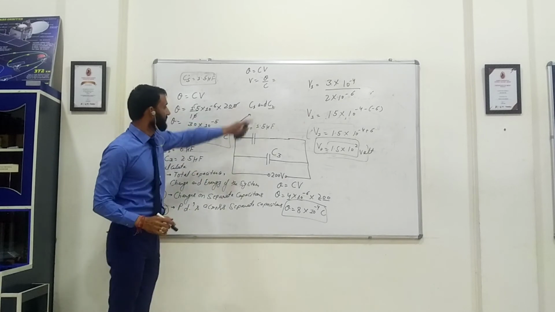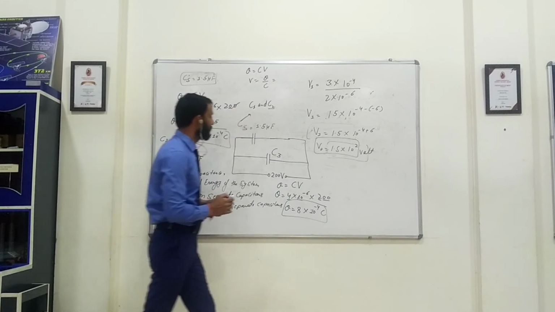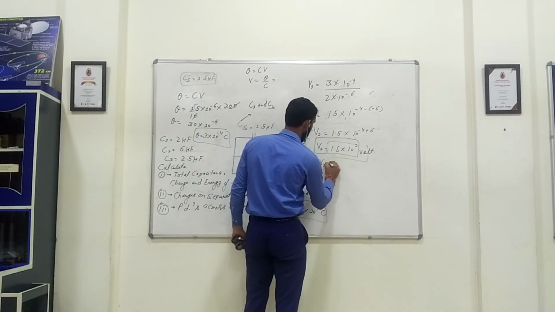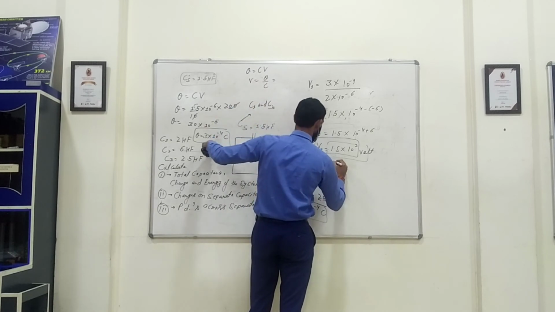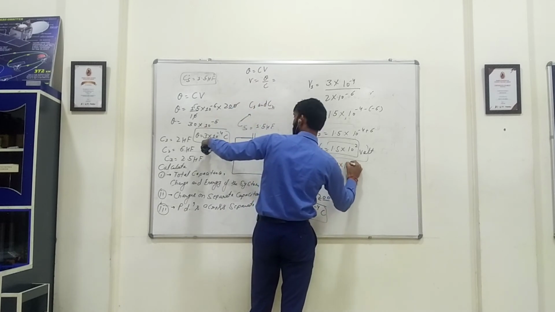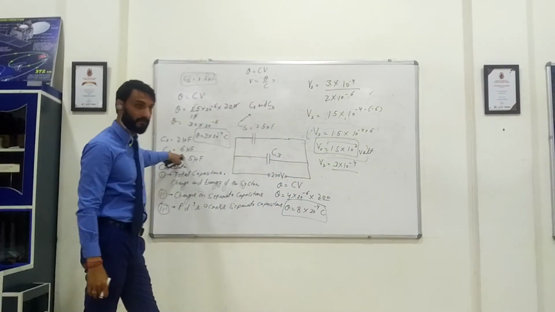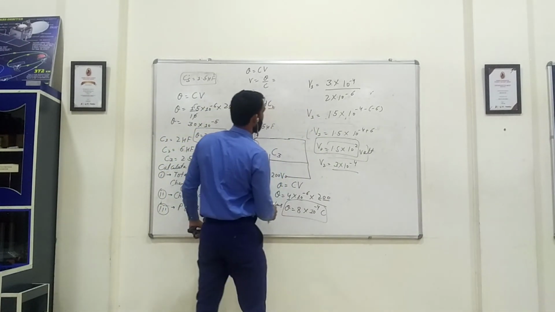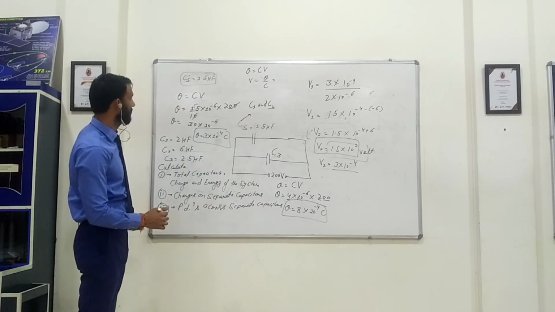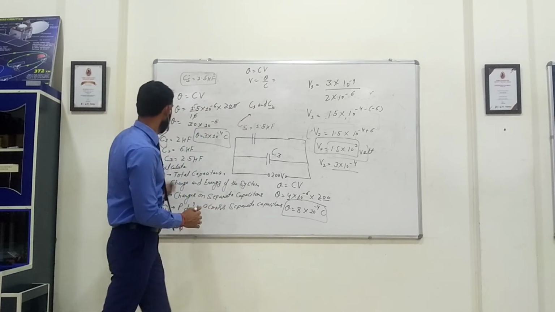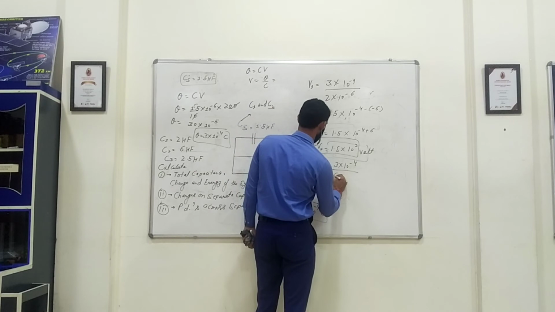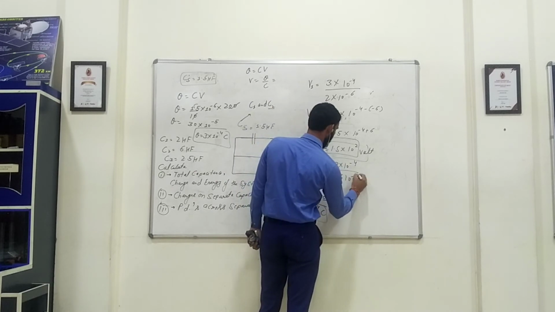through C1. Now C2, that is V2 is equal to, the charge is going to remain the same, 3 into 10 to the power minus 4 upon C, which is 6 into 10 to the power minus 6.